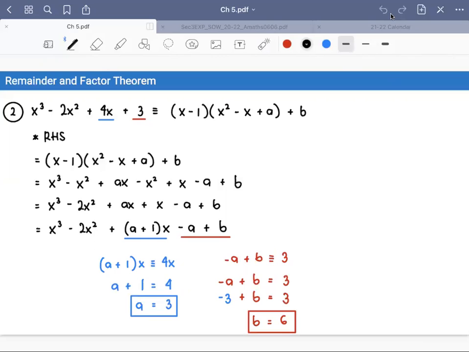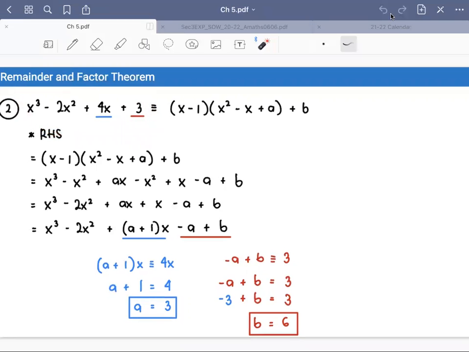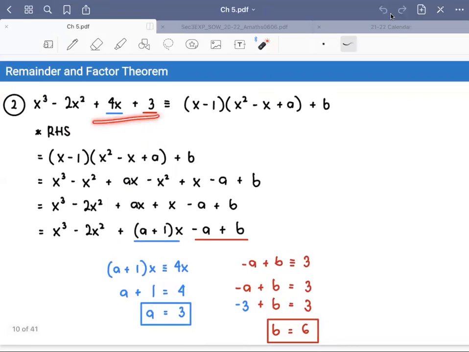Okay, so again, what we learned yesterday is about polynomial identities. The polynomial identities are used to find, let's say, a missing variable by comparing their coefficients. Basically, class, for example, example number 2, this here is similar to the expression on the other side.